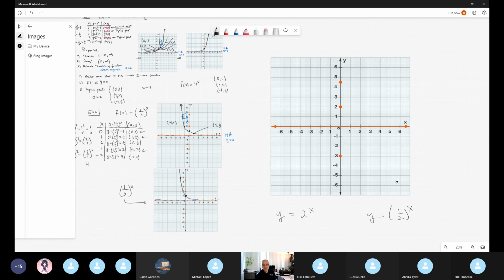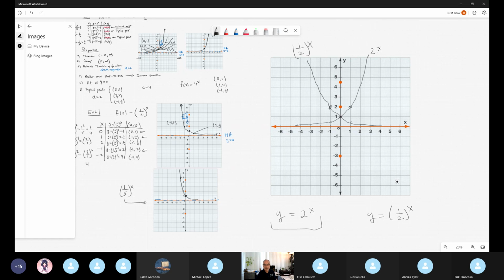I see clearly that this is exponential growth, with the universal point and two typical points. This is 2 to the x, and the other is 1/2, which is similar except in the opposite direction. Wow, why? This is 1/2 raised to the x power.